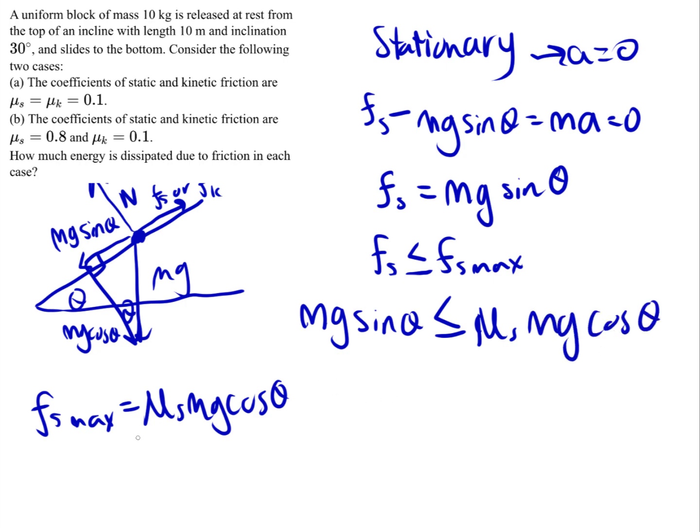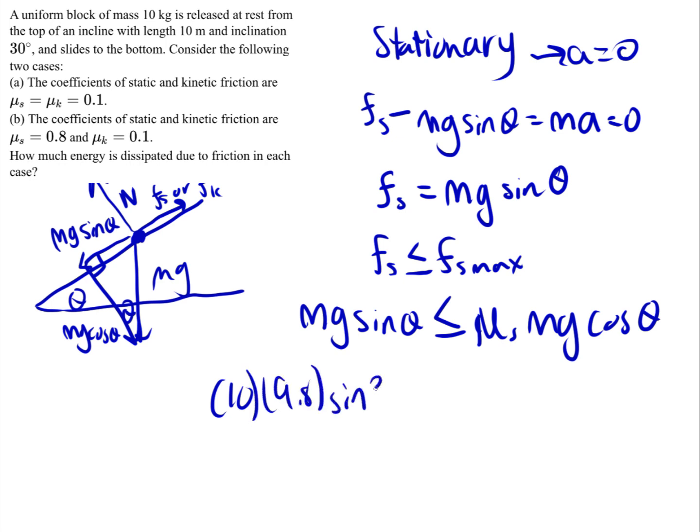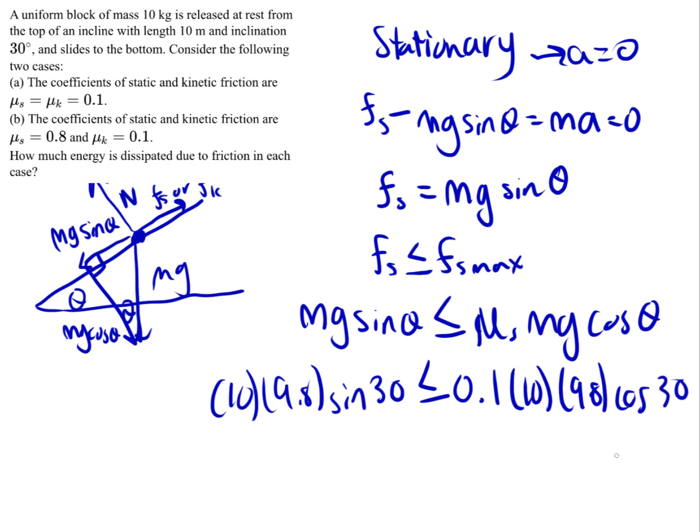And now, if we plug in all of our values, the mass of 10 kilograms times the gravity of 9.8 times sine of 30 must be less than or equal to the coefficient of static friction, which is given to be 0.1, times the mass of 10 kilograms times 9.8 gravitational acceleration times the cosine of 30 degrees.